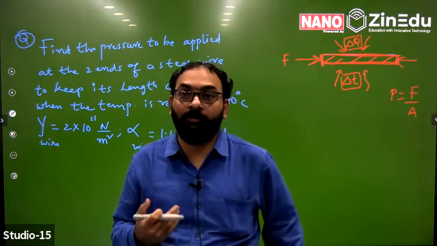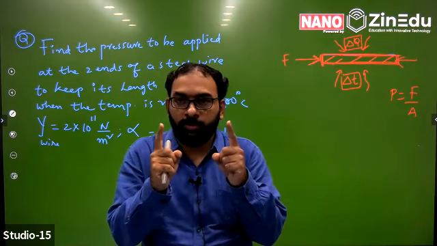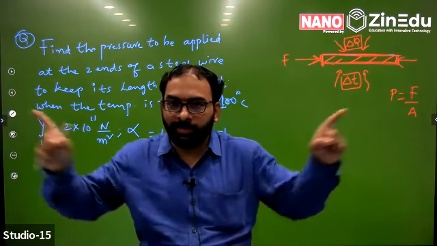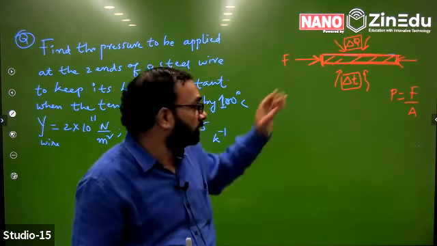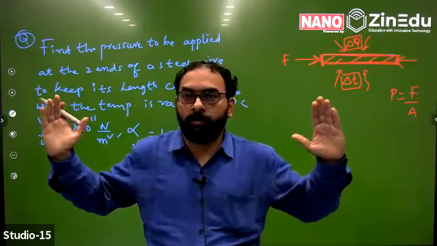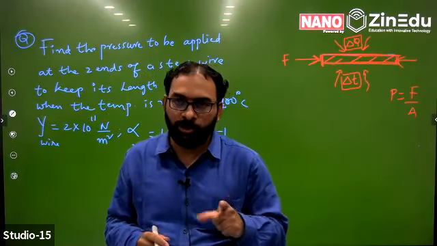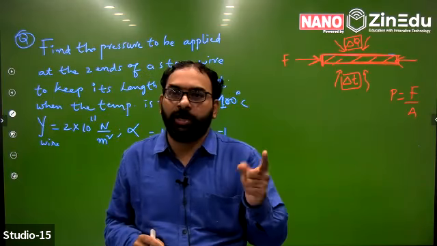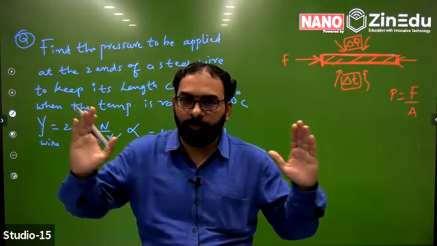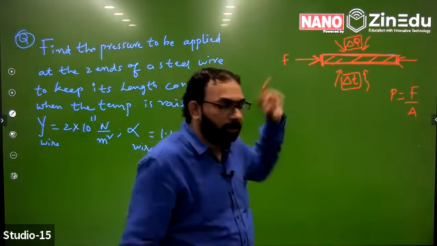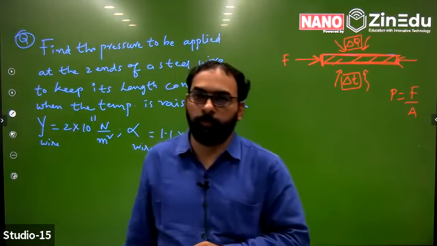But what is our question? Though there can be an increase in length, some pressure has to be exerted on the two ends so that the expansion can be stopped. So that much force by area has to be applied.